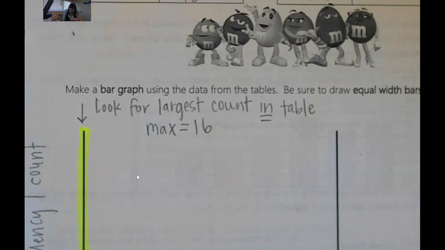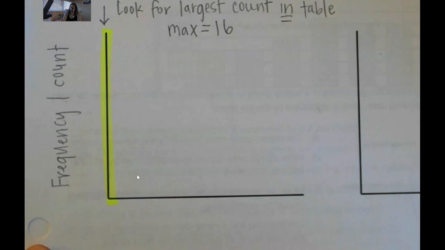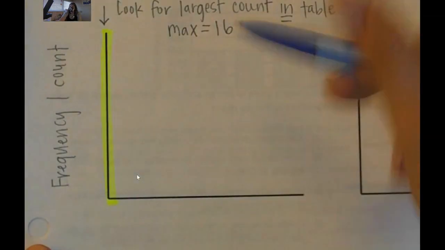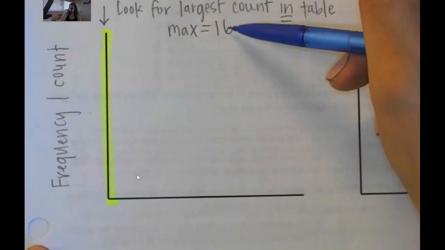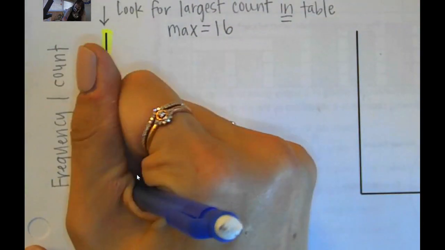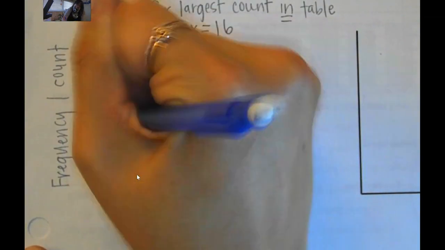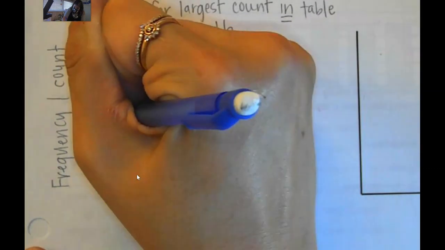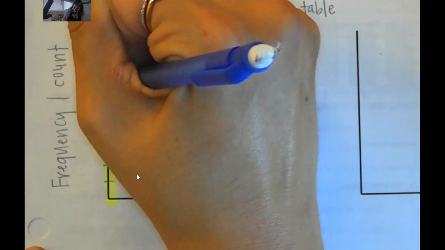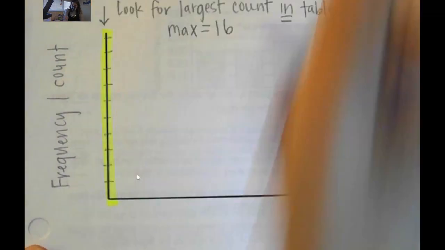Because it's 16, I think that I'm going to scale my y-axis by 2. You don't have to do 2 if you don't want to. You could go by 1s. You could go by 5s. You just need to make sure that you go at least as high as 16. 18 or 20 would be better. So I'm just going to go through and start making my tick marks. 2, 4, 6, 8, 10, 12, 14, 16, 18, 20.